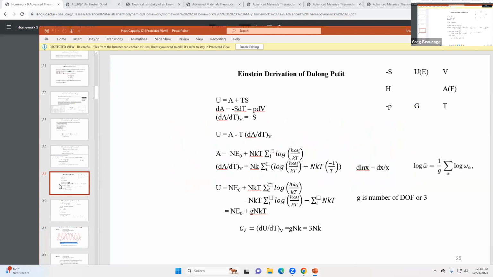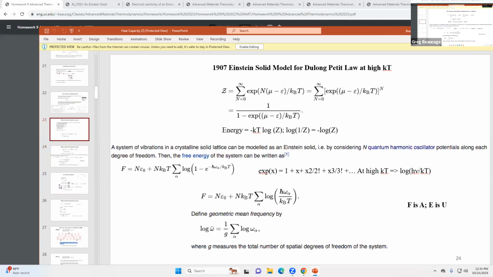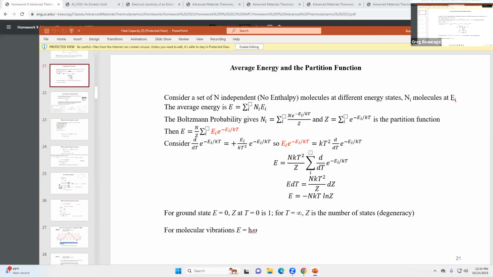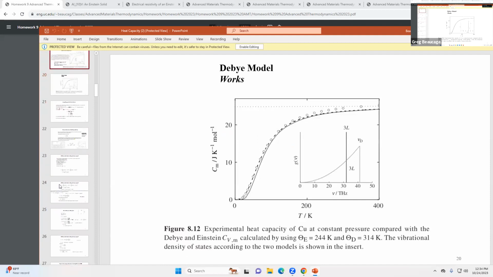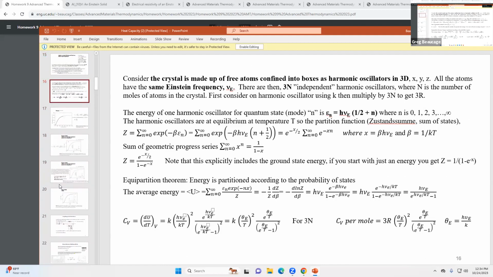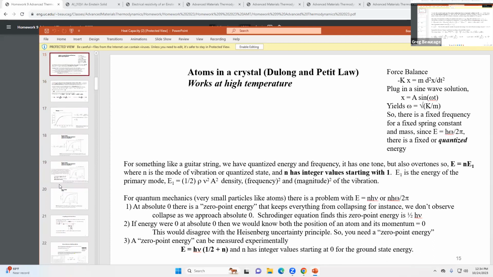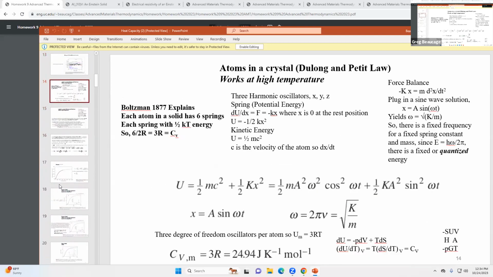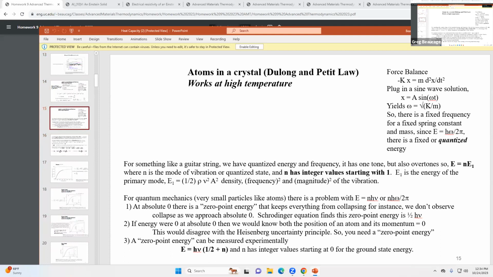It's kind of in the notes, I guess, somewhere. Here's your E, right?